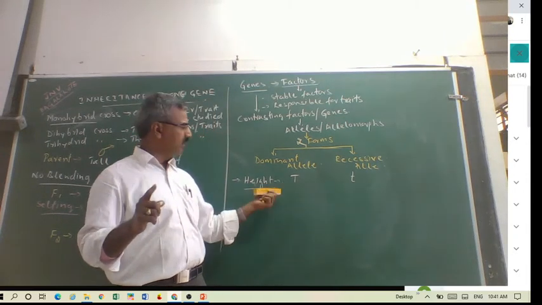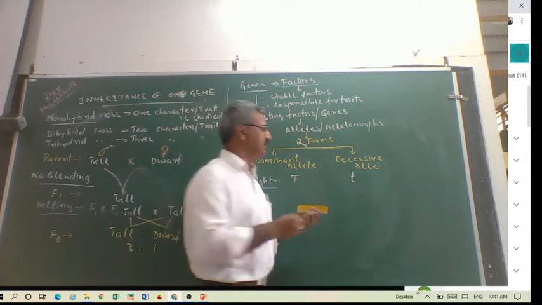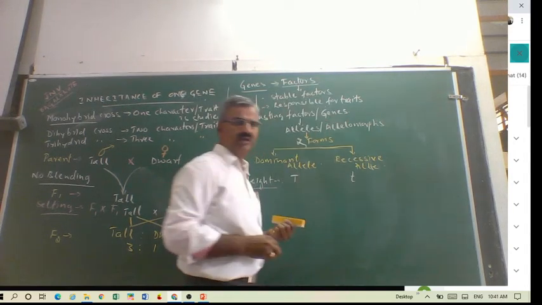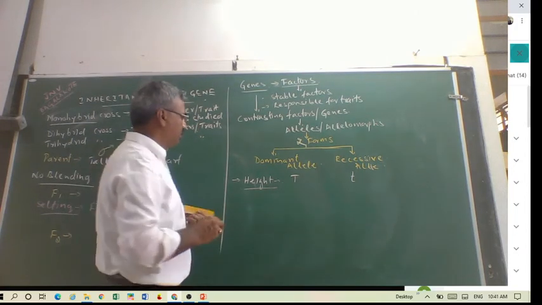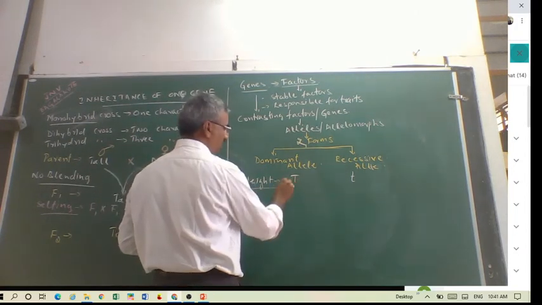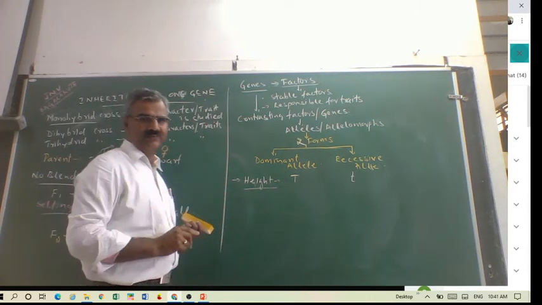Capital letter is used to indicate the dominant allele and recessive allele is indicated by using small letter. That is the one rule which you should always remember here. So here the dominant allele is in capital letter and the recessive allele in small letter.